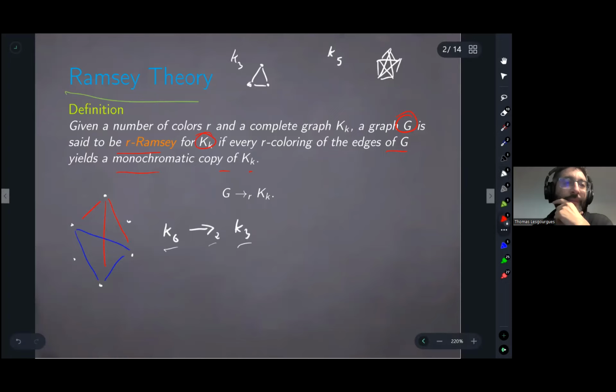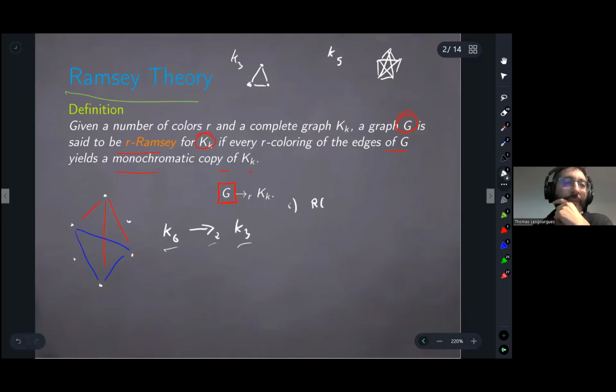Ramsey graph theory is a very active field of research in combinatorics. What we usually want to understand is the graphs G: what are their properties, and why do they become Ramsey for K_k? The very first one, very famous, is the one that Sam talked about, the Ramsey number.